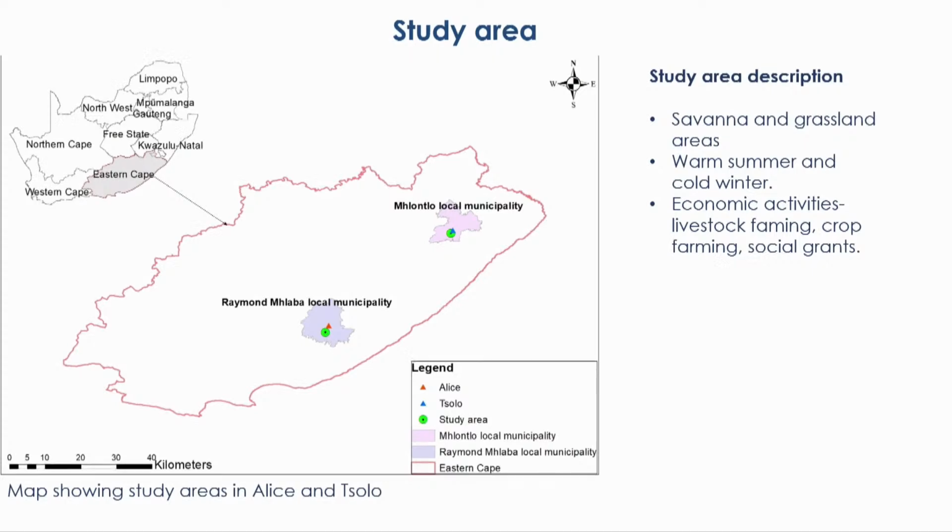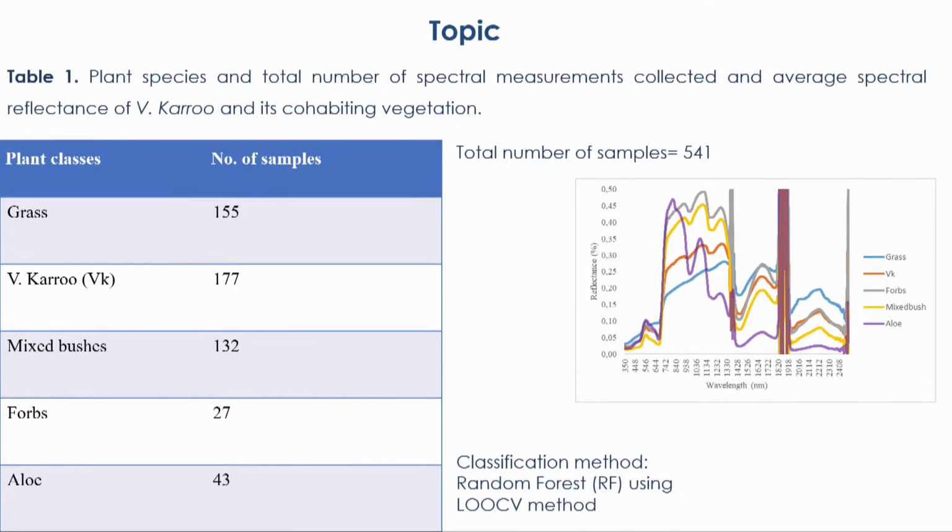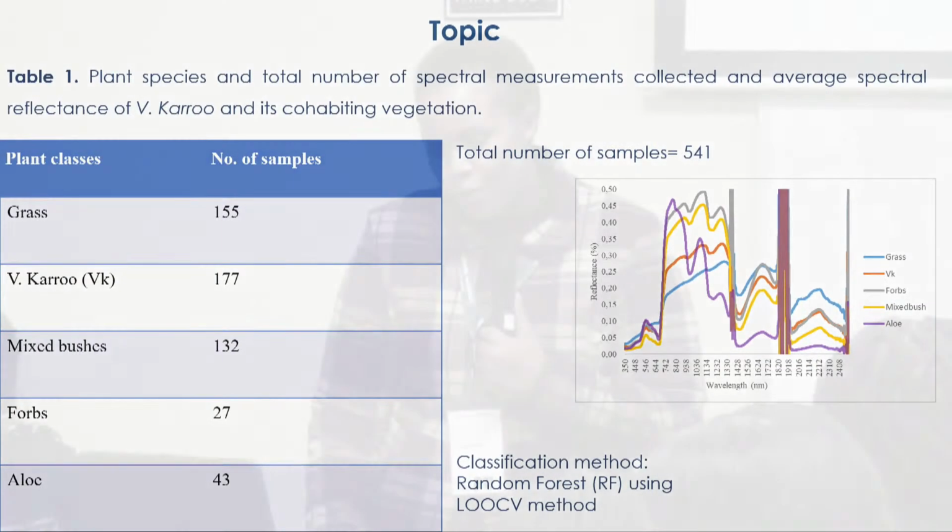So this study was carried out in the Eastern Cape, in the grassland side of the Eastern Cape, which is the Mhlonhlo local municipality, and in the savannah side of the Eastern Cape, which is the Raymond Mhlaba local municipality. In the study area, we obtained spectral reflectance of different vegetation.